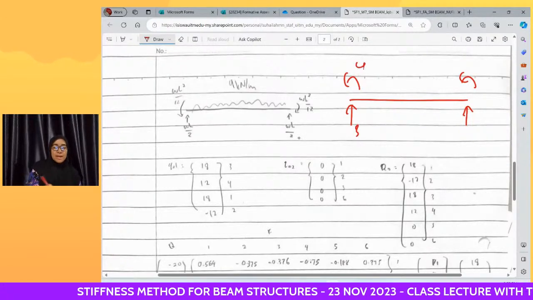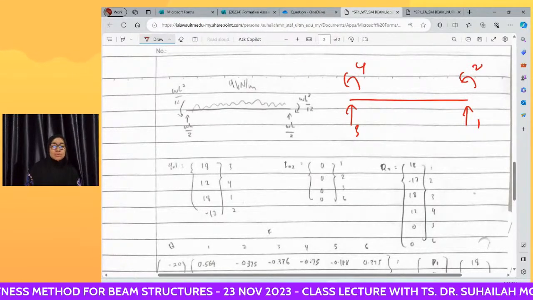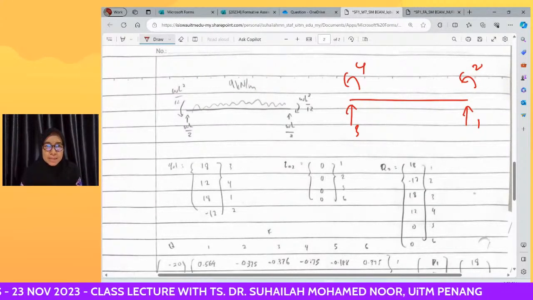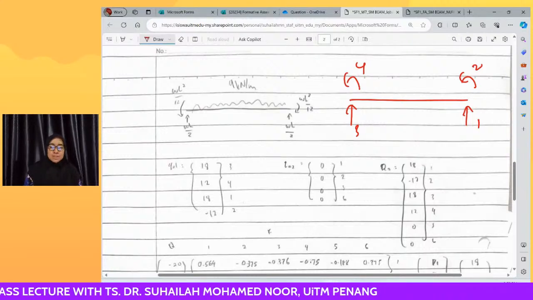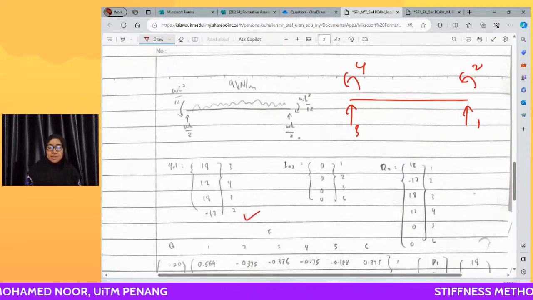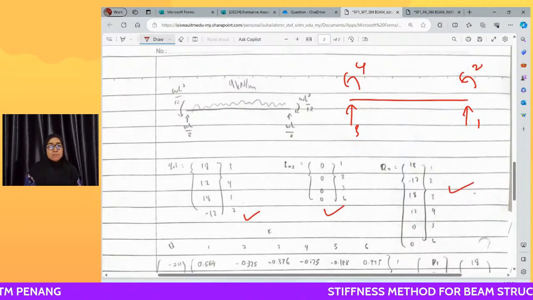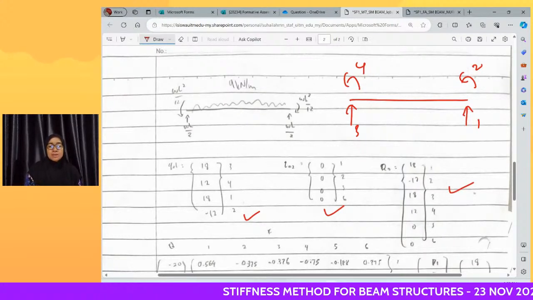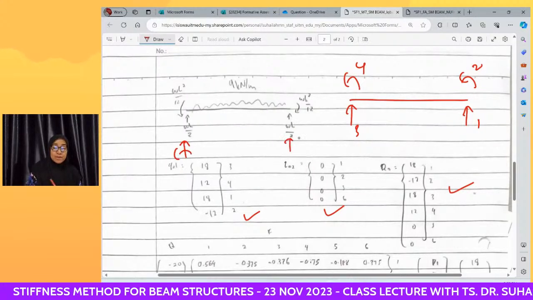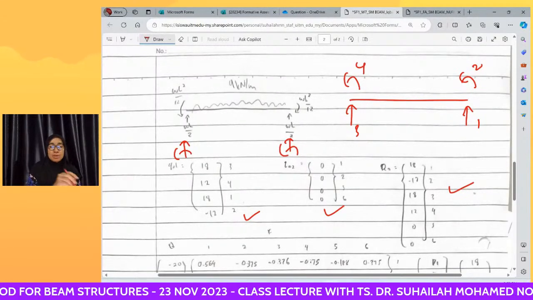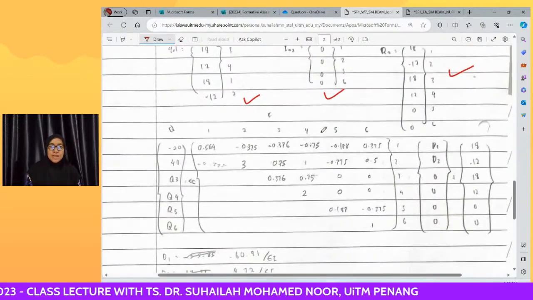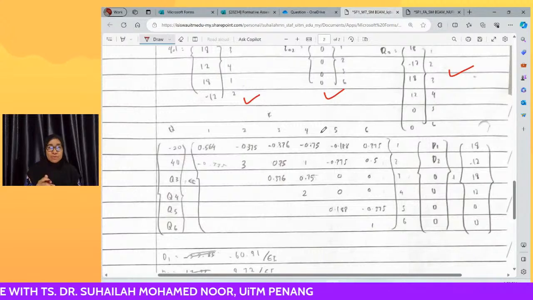This is 3, 4, this is 1 and 2, so we can compare very clearly like this. So 2 is negative 12, this is correct, this is 0. Either you draw two diagrams or you just put the label, the sign convention, just below the diagram, the formula, so that you will not get confused.